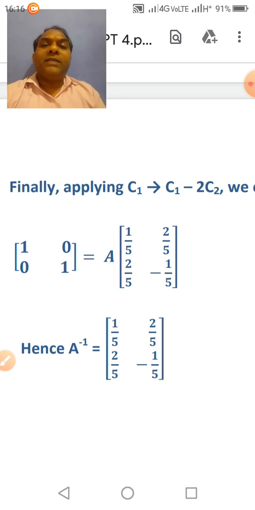Clear? Means in case of row elementary operation, you have to convert into identity matrix column wise. In case of column elementary operation, you have to convert the LHS into identity matrix row wise. Then you can find the inverse of the matrix. Clear? Now you have to solve exercise 3.4.